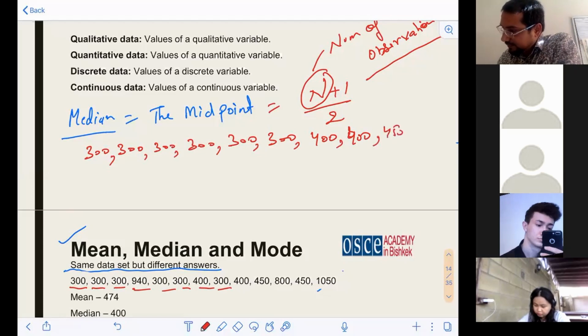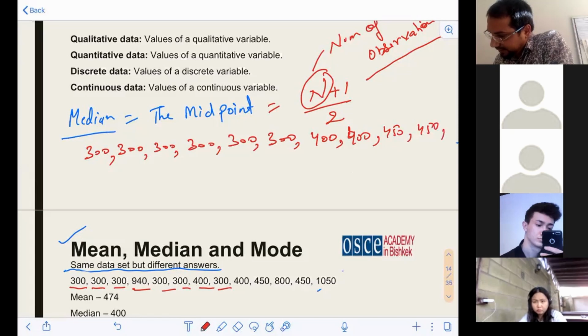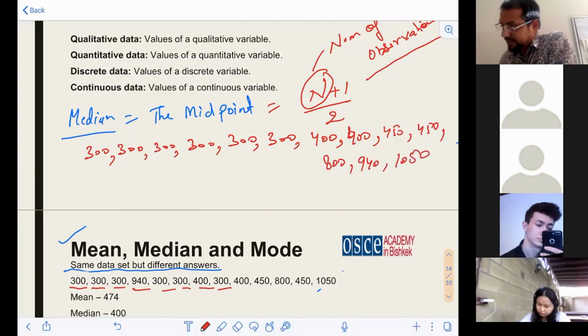And then 450, and then 800, and then 400. Oh, again 450. So we had two 450. Let me just write one more 450. And then again we have 800. And then 940, I think, and then 1000 and 1050. So how many digits? 1, 2, 3, 4, 5, 6, 7, 8, 9, 10, 11, 12, 13. 13.